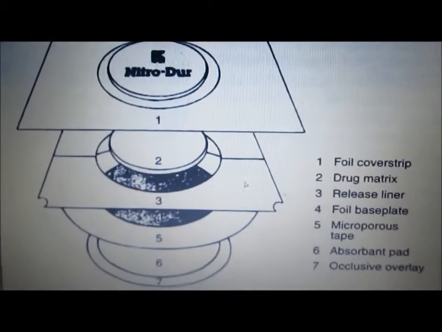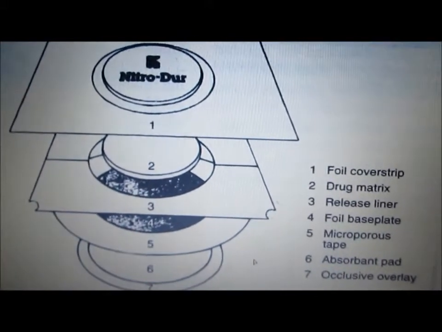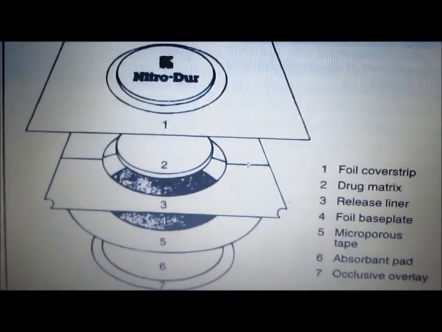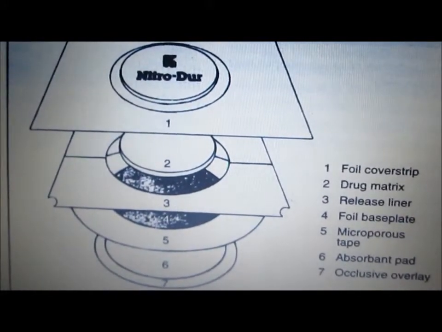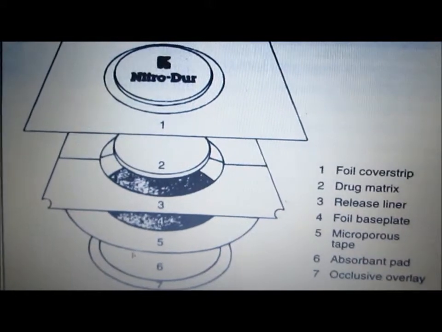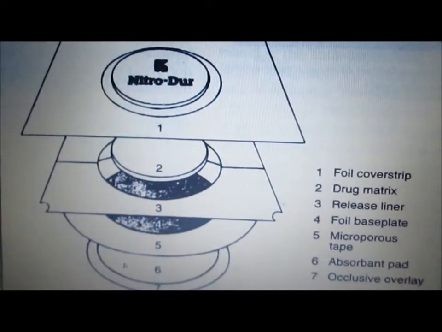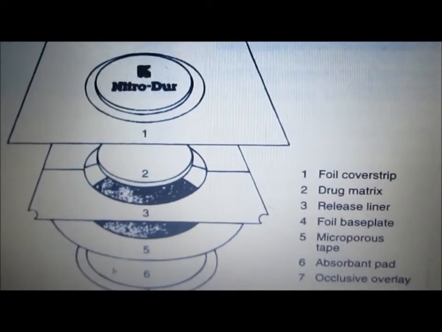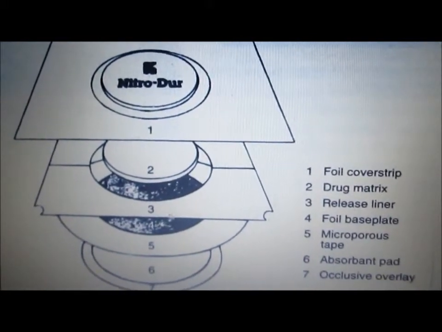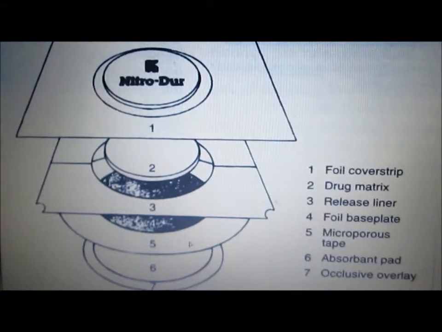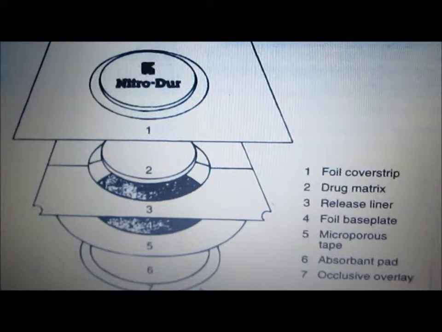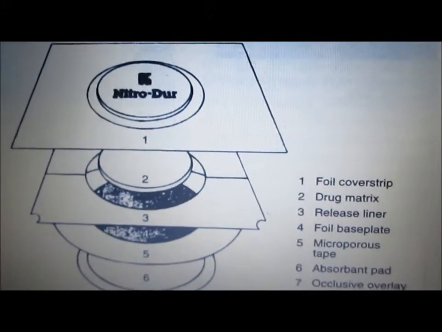The system consists of a water-resistant backing layer, a reservoir of nitroglycerin, followed by a semi-permeable membrane to control precisely and predictably the release of medicine, and an adhesive layer to hold the system onto the skin. The adhesive layer also contains an initial priming dose of nitroglycerin to ensure prompt release and absorption of medication.